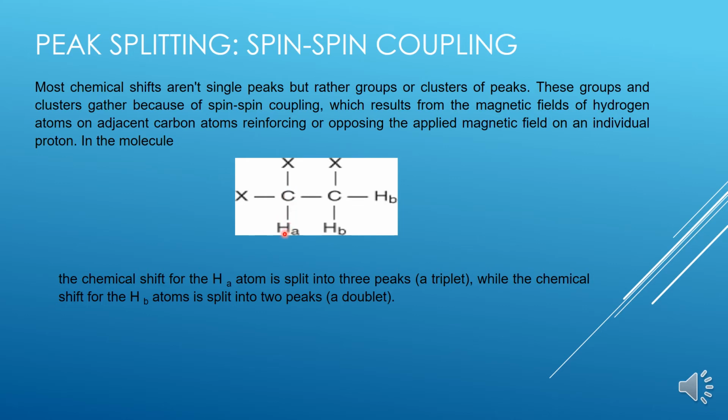So therefore, it will split into 2 peaks. The chemical shift for HA is split into 3 peaks, while that of HB is split into 2 peaks.